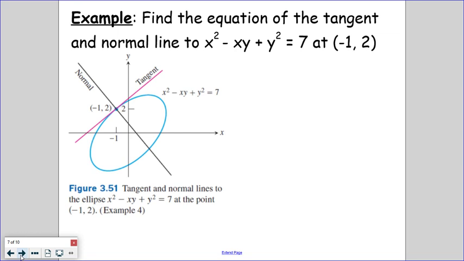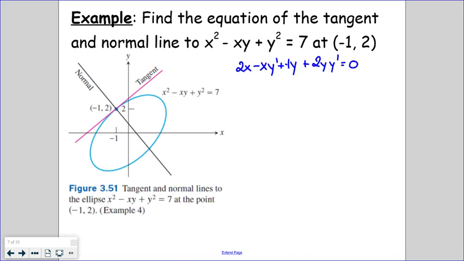So if I do my implicit differentiation here, I would have 2x, and then we would do our product rule for the next, which would be first times the derivative of the second, -x times y prime, plus second, which is y, times the derivative of the first, which would be -1, plus the derivative of y squared would be 2y y prime, and derivative of 7 would be 0.